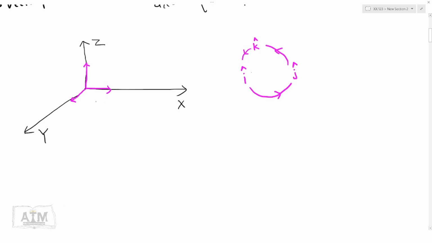Here i cap is the unit vector along the x direction, j cap is the unit vector along the y direction, and k cap is the unit vector along the z direction. Now, what is the value of i dot i? That is i cap dot i cap, j cap dot j cap and k cap dot k cap.